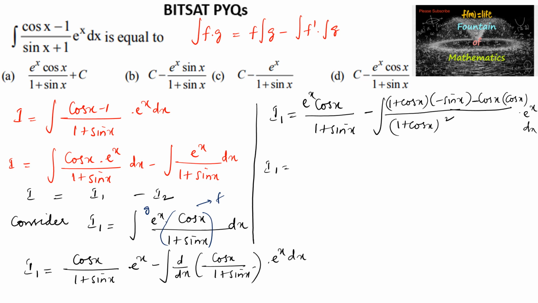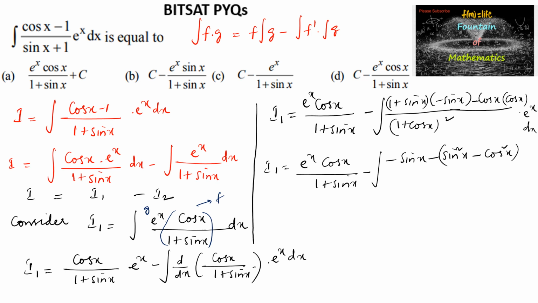So I1 is equal to e power x cos x upon 1 plus sin x minus integral of, in the numerator, negative sin x minus sin square x, and again minus cos square x.